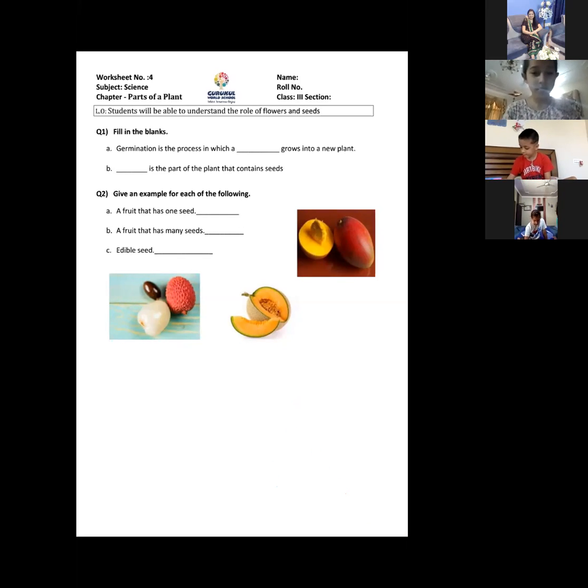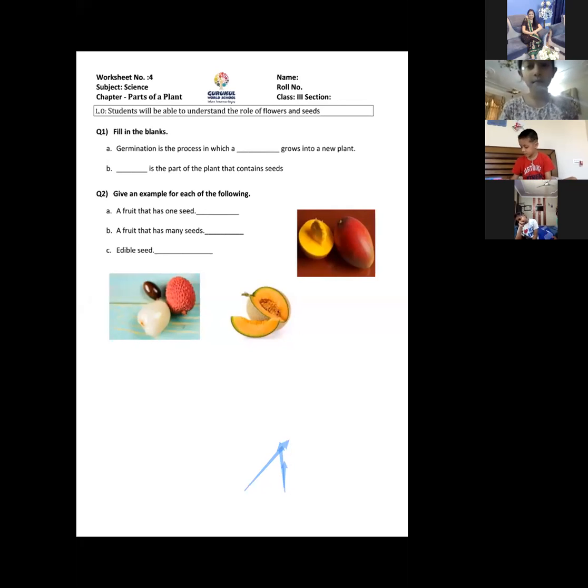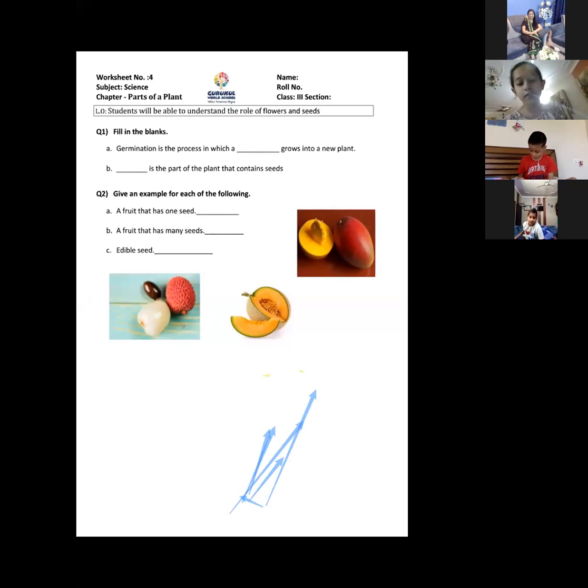Think about it, right? See this picture. What are there in the pictures? There is a lychee, there is a melon, there is a mango. What are they? They are fruits. So fruit is a part of a plant that contains seeds.